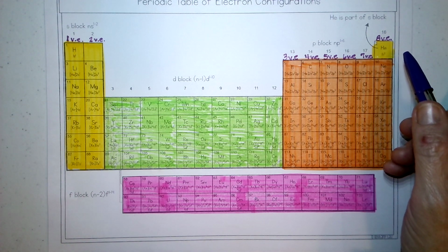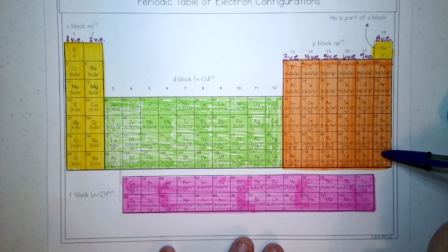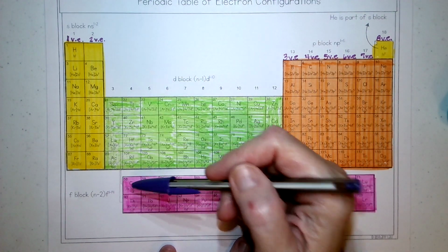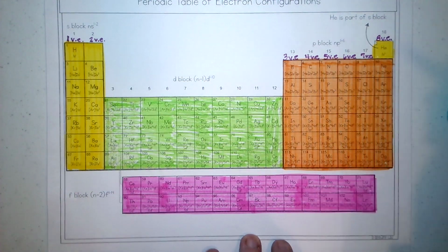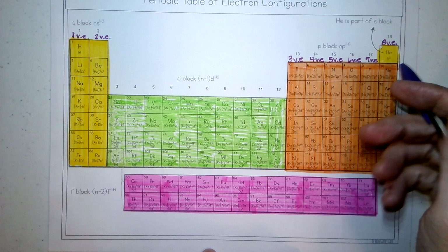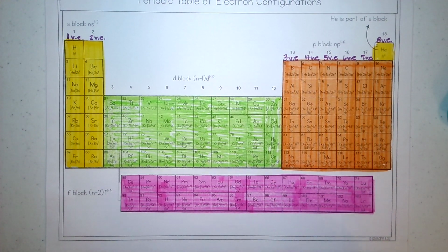So that outer energy level is full, which is why it's in the noble gases. It does have a full outer shell, so we leave it over here with the noble gases because it is what is called inert. And under normal circumstances, helium does not interact with other atoms, okay?